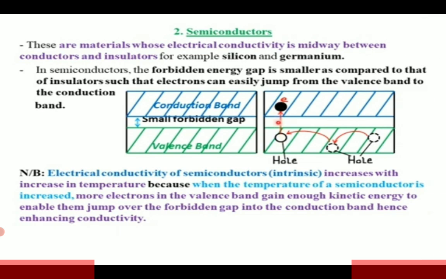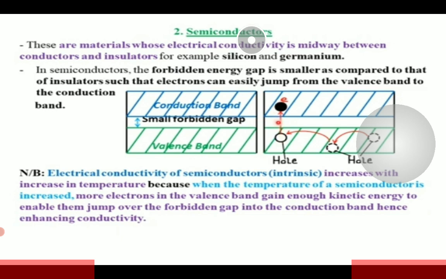Right, so having looked at the insulators, let us look at another type of materials which are called semiconductors. We looked at the insulators before, and we said that insulators are materials which do not conduct electricity and heat.